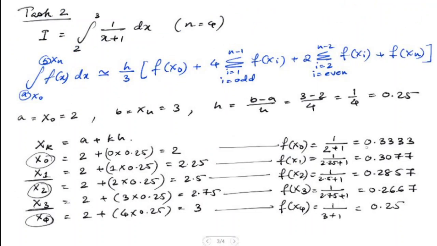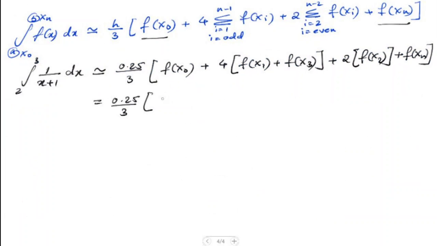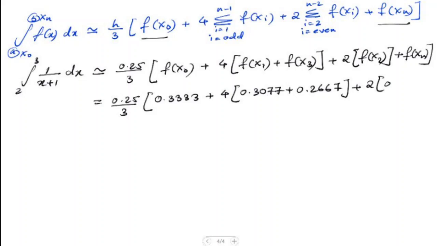So f of x0 is 0.3333, so we have 0.3333 plus 4 times 0.3077 plus 0.2667 plus 2 times f of x2, the value of which is 0.2857, plus f of xn, which is 0.25.